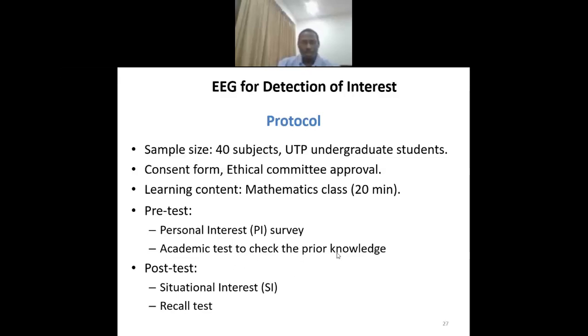And then the academic tests to check the prior knowledge. Before we teach them a topic, we want to see if they already have some ideas about the topic.